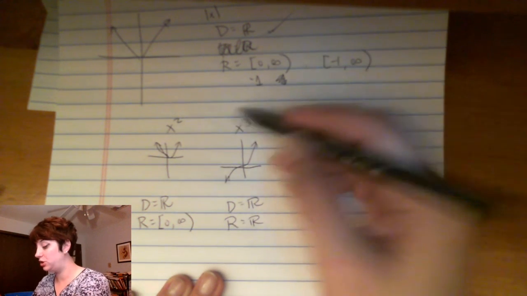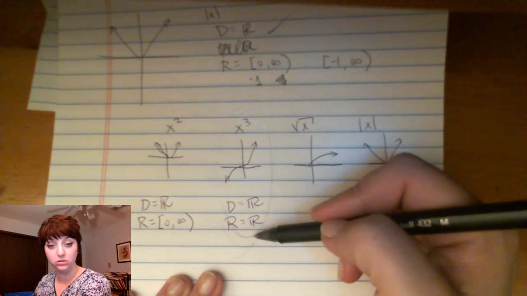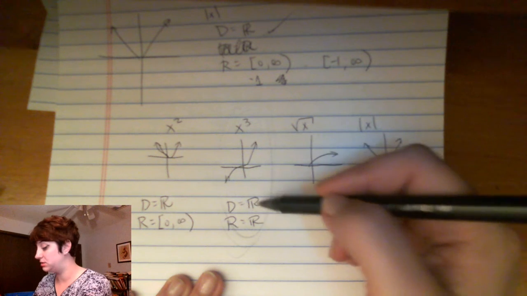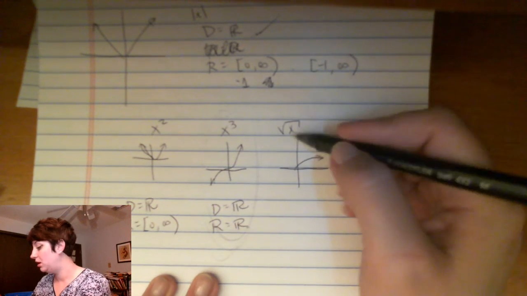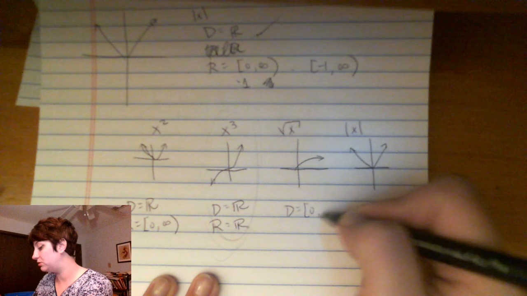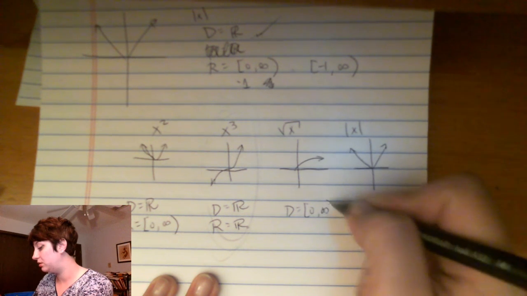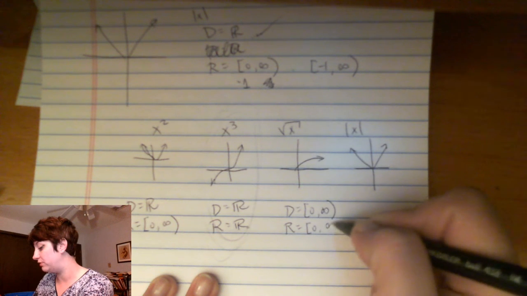So for x cubed, no matter what transformations you do, the domain and range is always R. Always. Because you start with the whole real line, so no matter what you do to the whole real line, you still end up with the whole real line. Square root of x, the domain is 0 to infinity, and the range is also 0 to infinity.